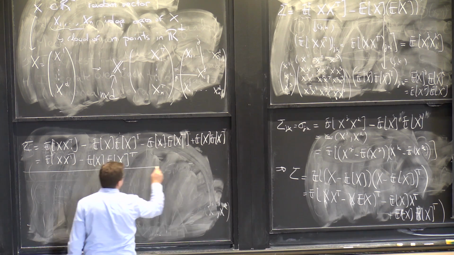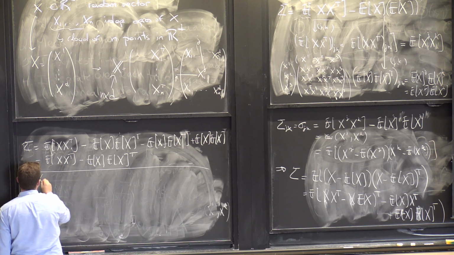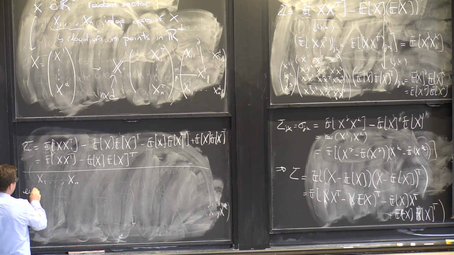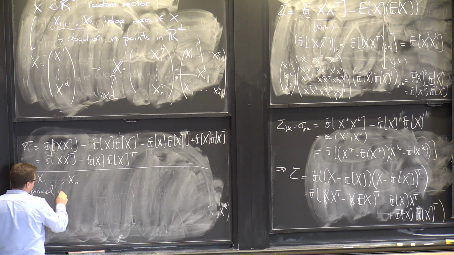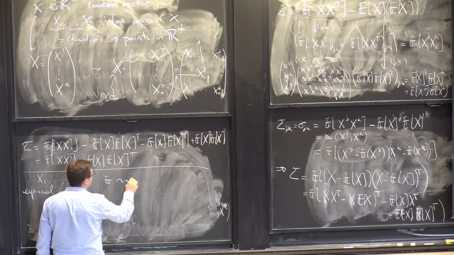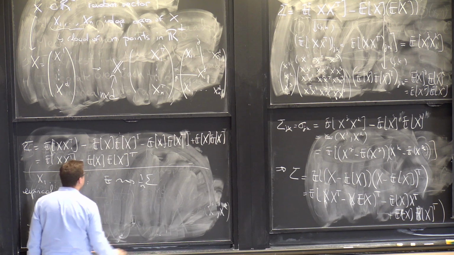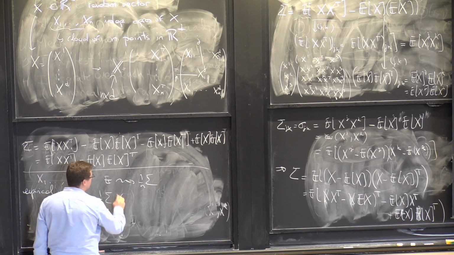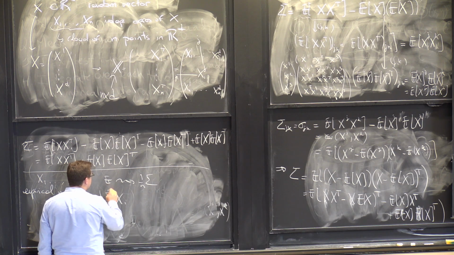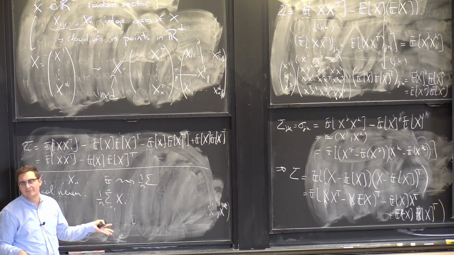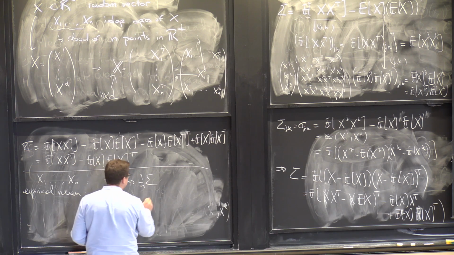Okay, so now I'm going to be given x1, ..., xn. So I'm going to define the empirical mean. Really the idea is take your expectation and replace it by 1 over n sum, right? And so the empirical mean is just 1 over n sum of the xi's. I'm guessing everybody knows how to average vectors. It's just the average of the coordinates. So I will write this as x bar.